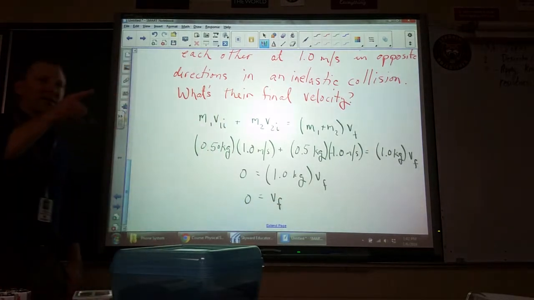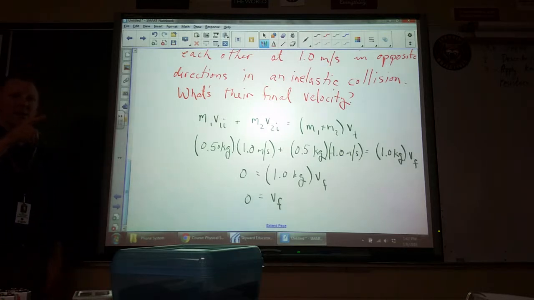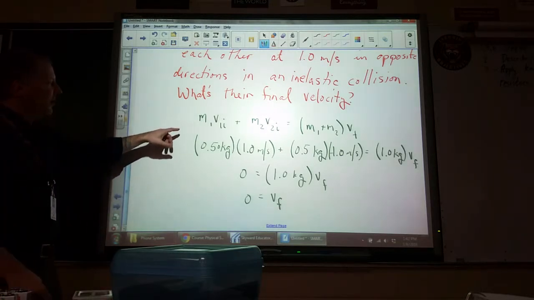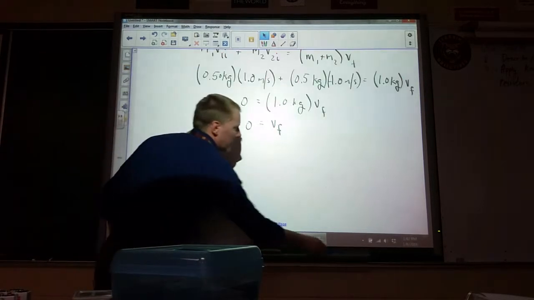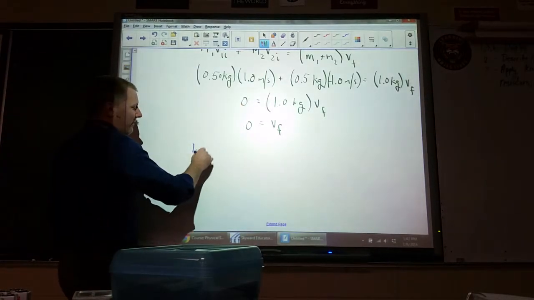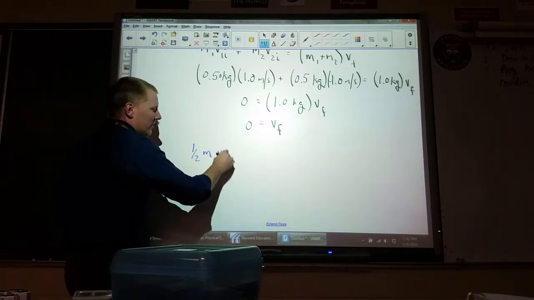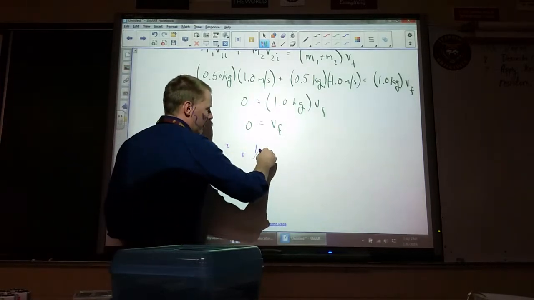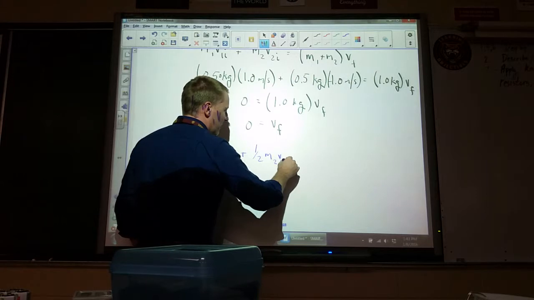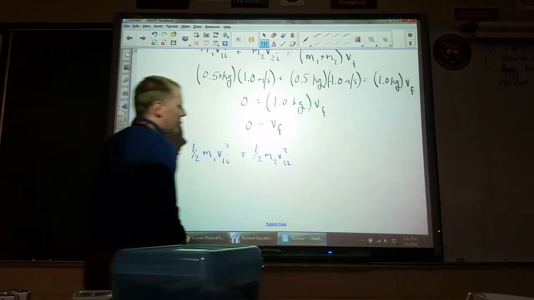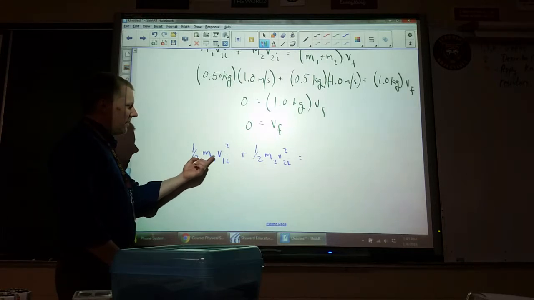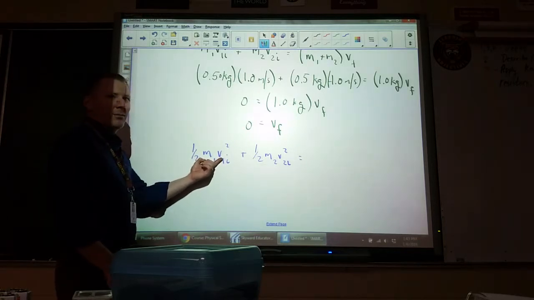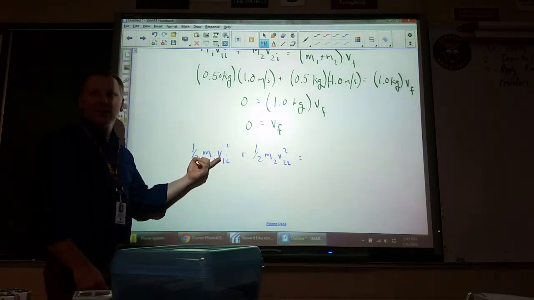Now, to look at this for kinetic energy, if we're looking at kinetic energy ahead of time, that's going to be 1/2 m1 times v1 initial squared plus 1/2 m2 times v2 initial squared. I'm just going to put in values there. Squaring that takes away the negative sign.